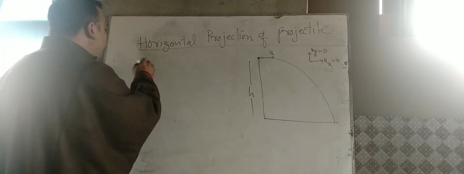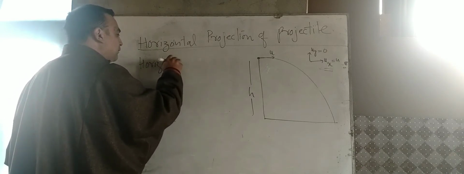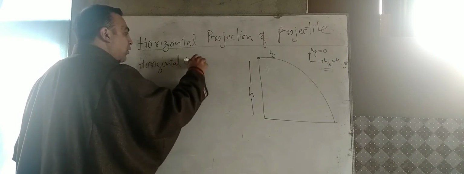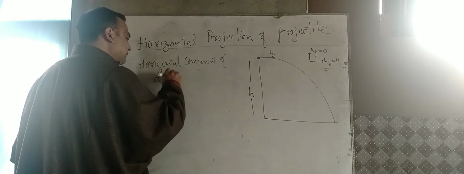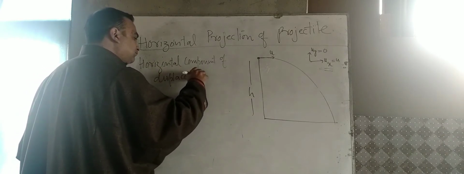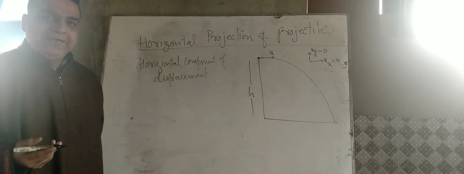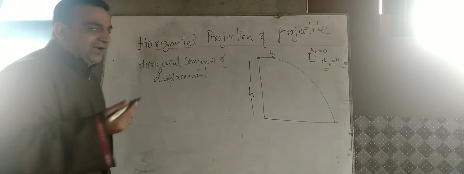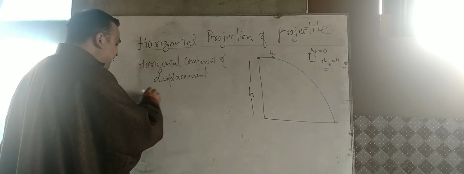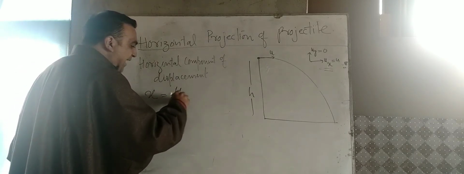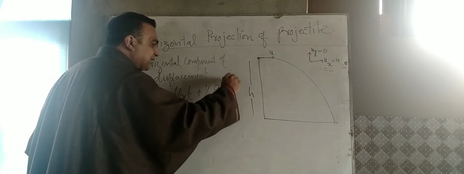Now if I take the horizontal component of displacement, what is horizontal displacement in this case? The original equation is s = ut + 1/2 at². So instead of s, I will write x = uxt + 1/2 axt².